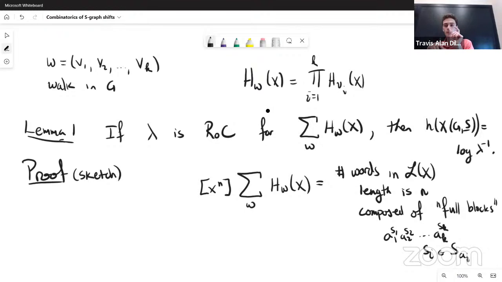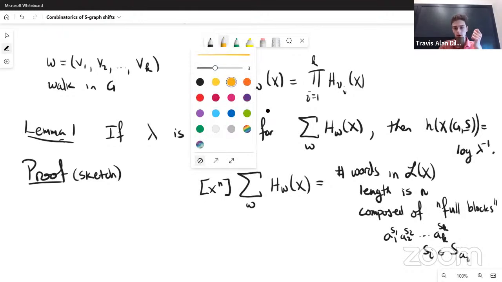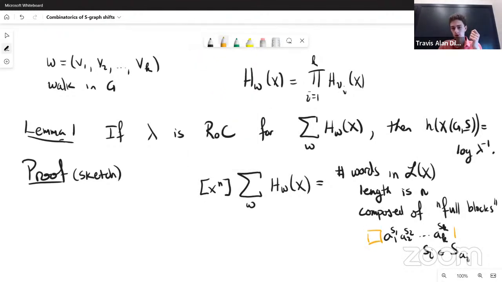So it's really built from blocks whose lengths are prescribed, whereas some allowable words, for example, will have a partial prefix and suffix that corresponds to taking a subword of a bigger word composed of full blocks. So if you want to look at all the words in the language, not all of them look like this, but one way you can construct words in the language is to build them out of full blocks. That's what this power series counts. That's the motivation for defining these generating functions HI.